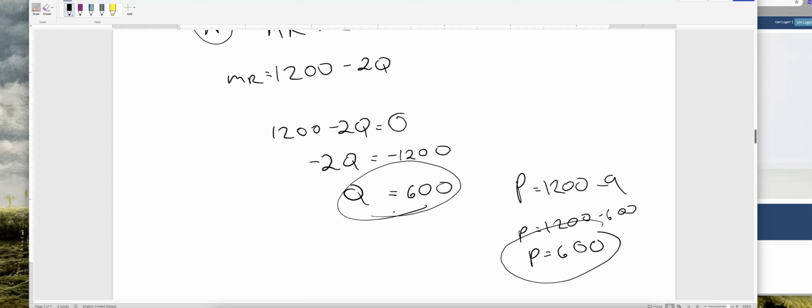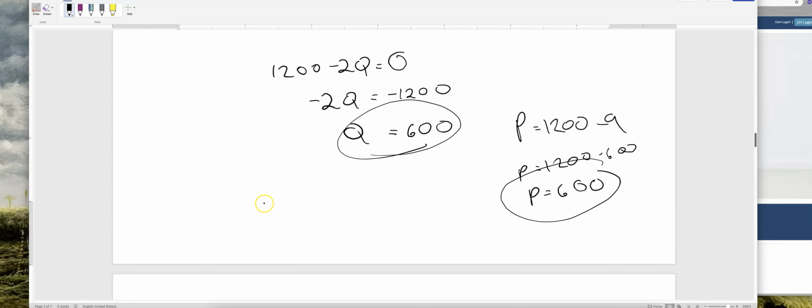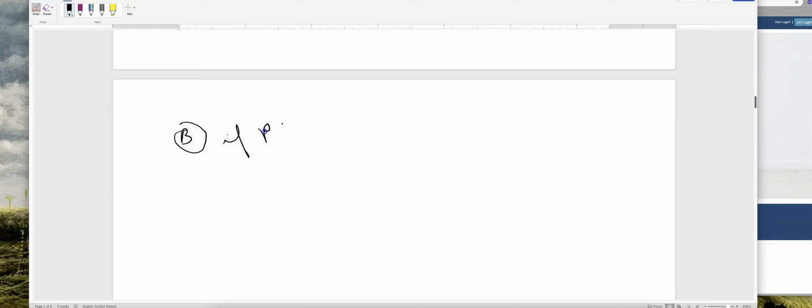Now, the question would be, what does this look like if the firm is perfectly competitive? If they are perfectly competitive, and we still have this as my inverse demand, then we know that the marginal revenue is going to be the same.